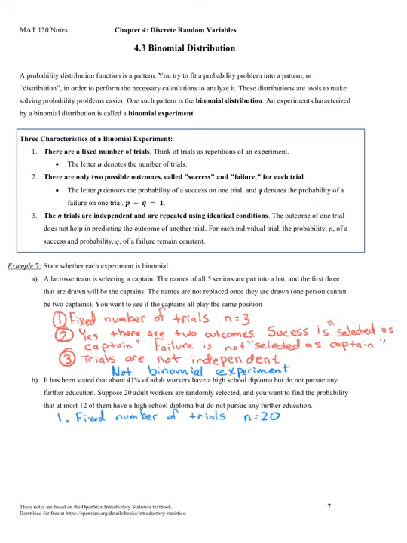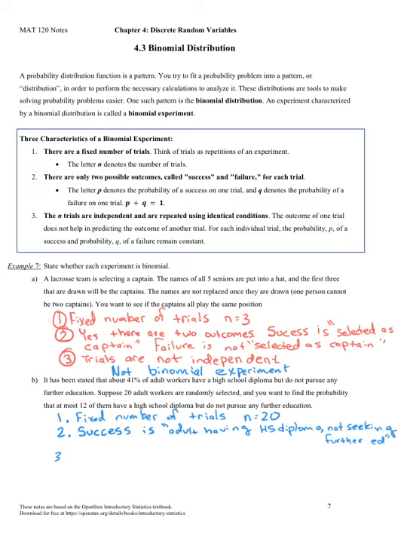Next, we ask ourselves, are there only two possible outcomes called success and failure? And yes, a success is a randomly selected adult worker having a high school diploma, but is not pursuing any further education. And lastly, we ask, are the trials independent?